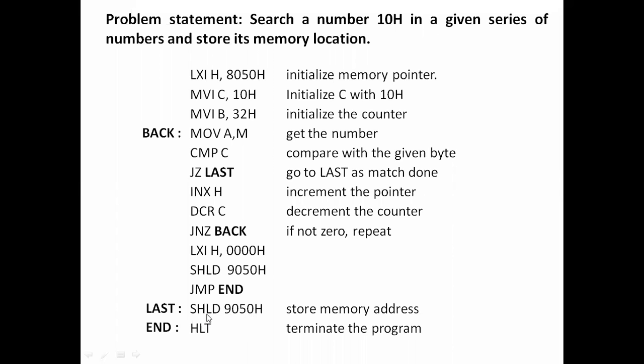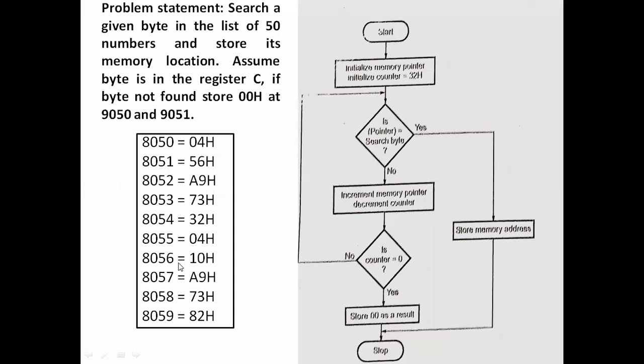And since the HL pair contains the memory address, the memory address of what? Of the particular value which we are fetching from the memory. Whenever we are fetching 10 from the memory, at that particular moment, the HL pair will be loaded with 8056, because in the initial stage the HL pair will be 8050, then it will become 8051, 8052, then 8053.